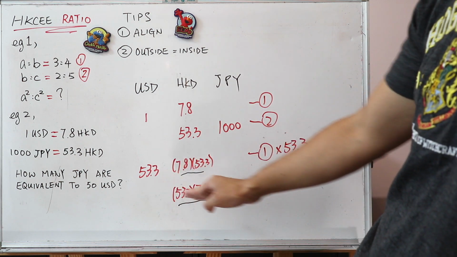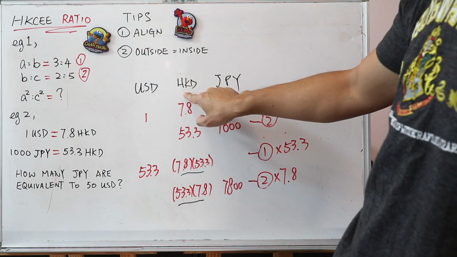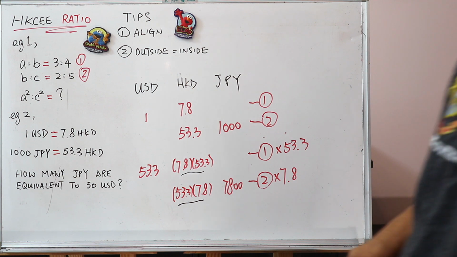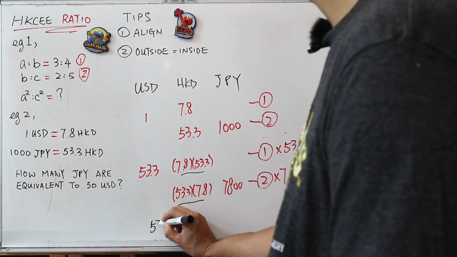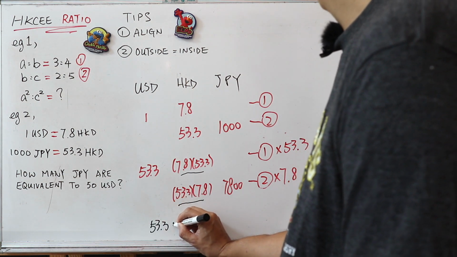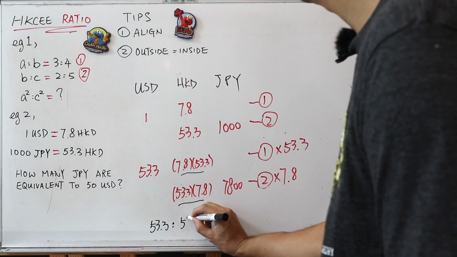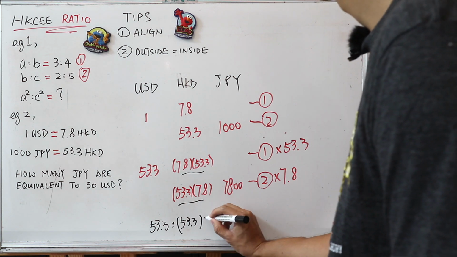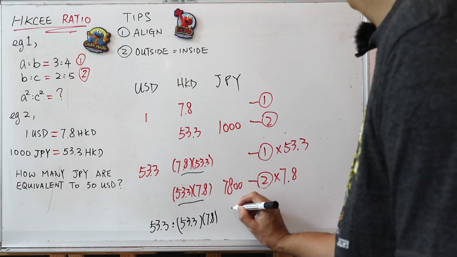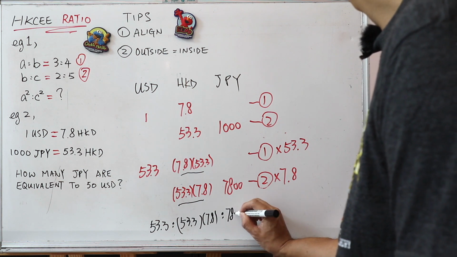So we can do a comparison of USD, HKD, and JPY directly. And it is 53.3 to 53.3 times 7.8 to 7,800.